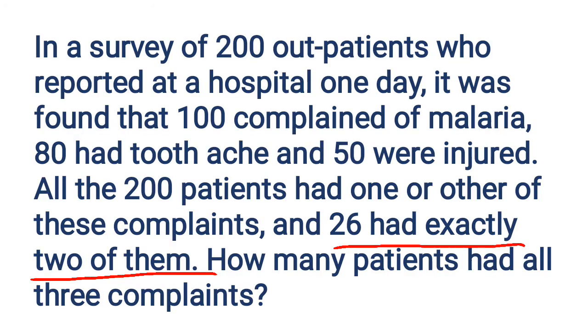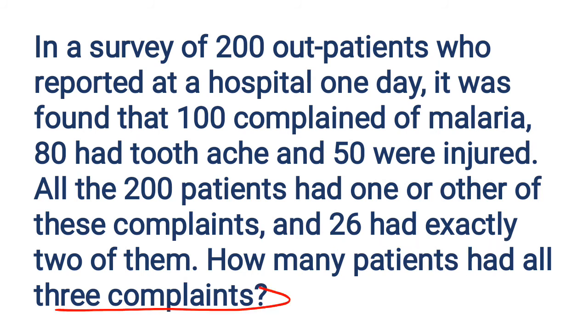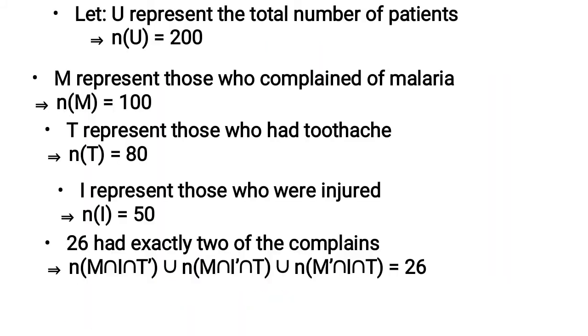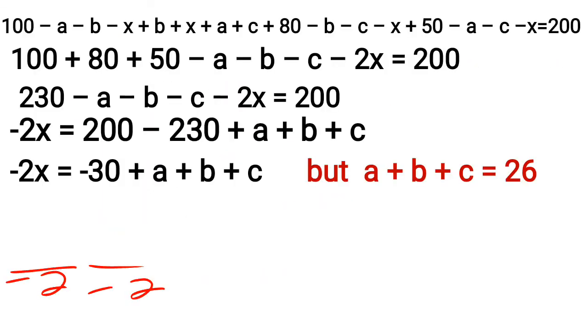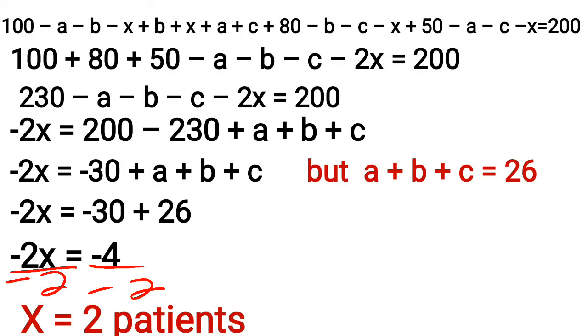It says, how many patients had all 3 complaints? Okay, so we say, therefore 2 patients had all 3 complaints. All right, so that is this. Very, very simple as A, B, and C. Right, it's very simple.